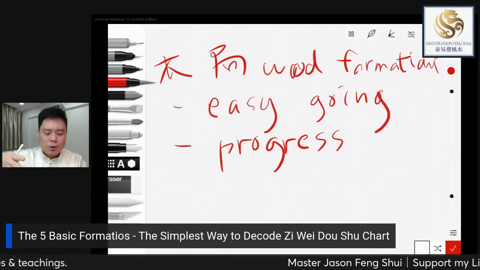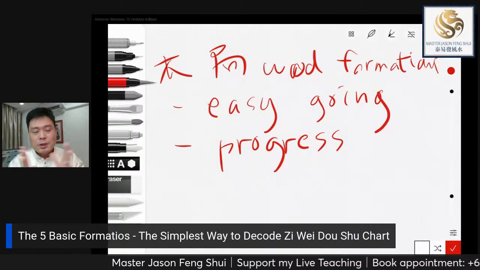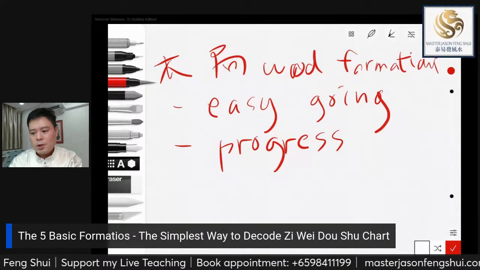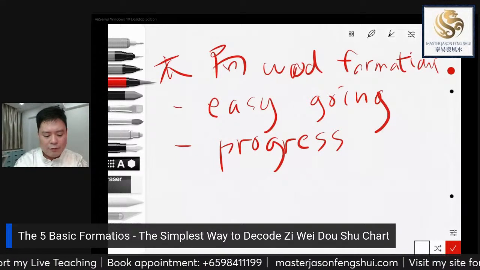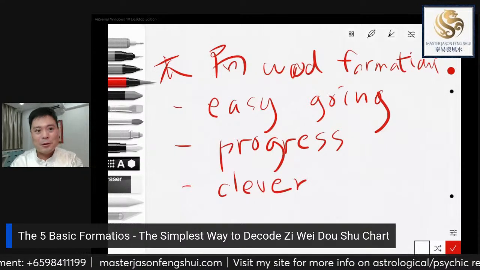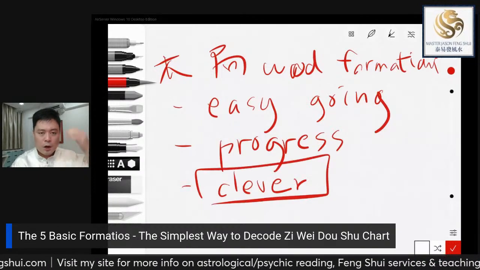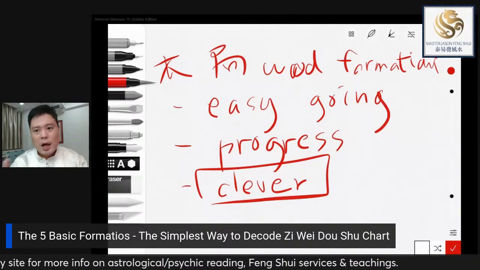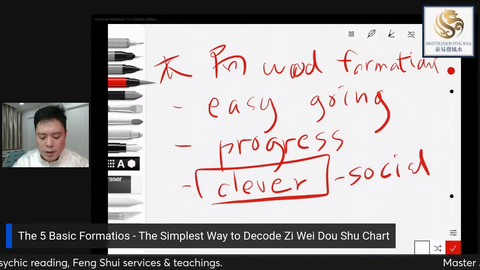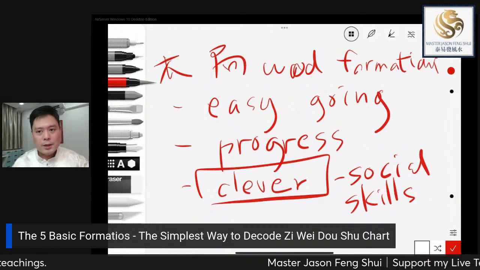Okay, but they can also be very malleable, means they can bend their body shape to adjust themselves to different physical environments. And usually they can be clever, but not as clever as the water people. The water formation people are the most clever, but people of the wood formation are clever especially in social skills, because wood people are always branching out.